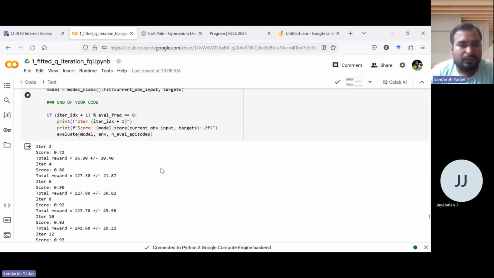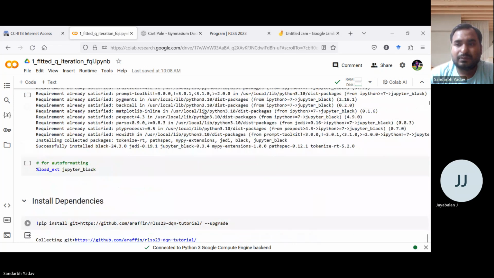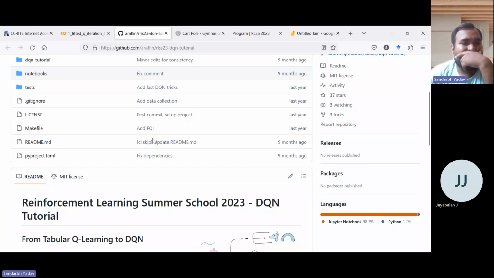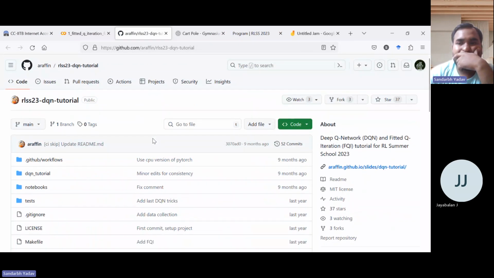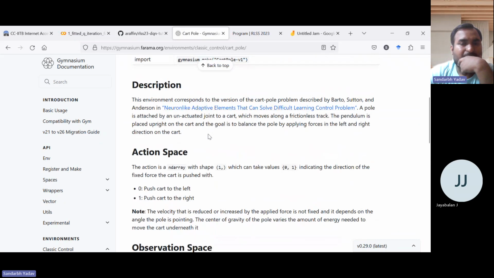I hope you got an understanding of this algorithm, fitted Q iteration. Either way, I'll be sharing this notebook with you. Remember, this is from this summer school. There must be some other tutorials also. You can see them for deep Q network, and there are other tutorials also.